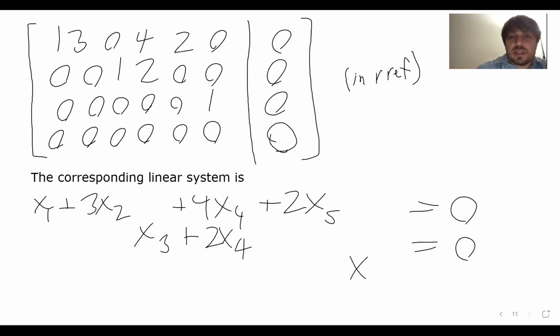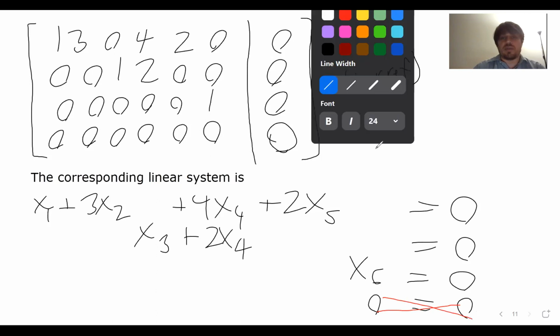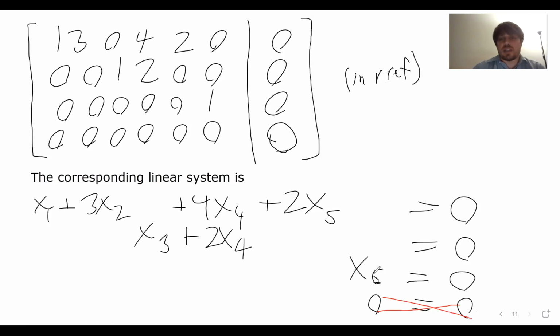And x6 is equal to 0. The other one is 0 equals 0, which doesn't matter, and we can exclude it because every assignment of variables satisfies 0 equals 0, so it doesn't change the solution set at all.